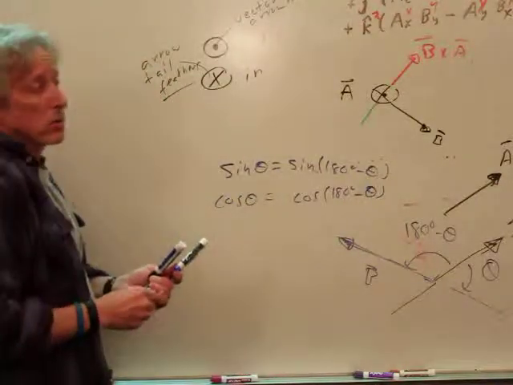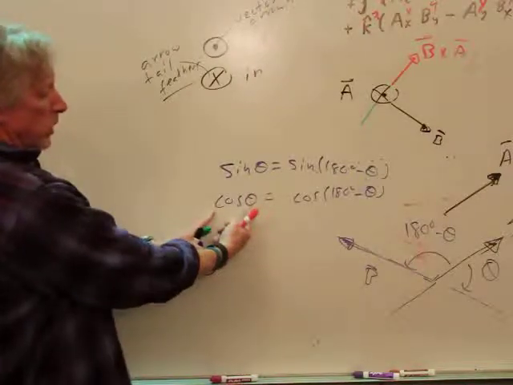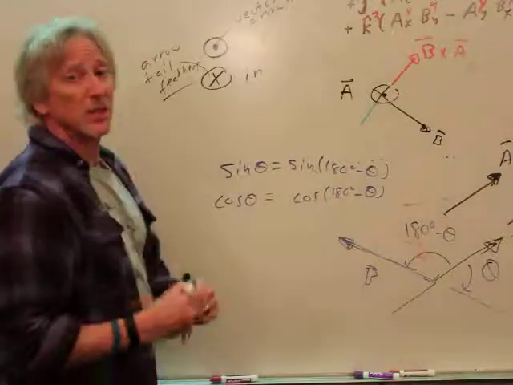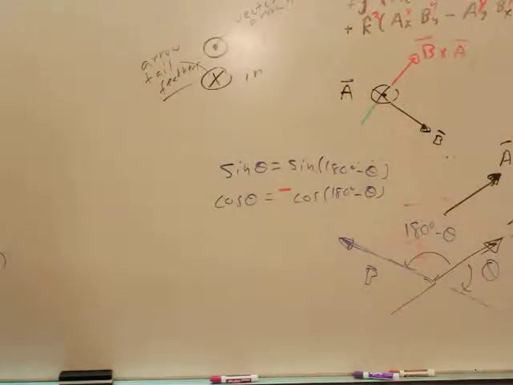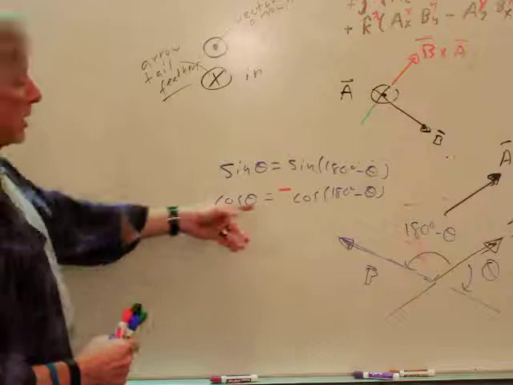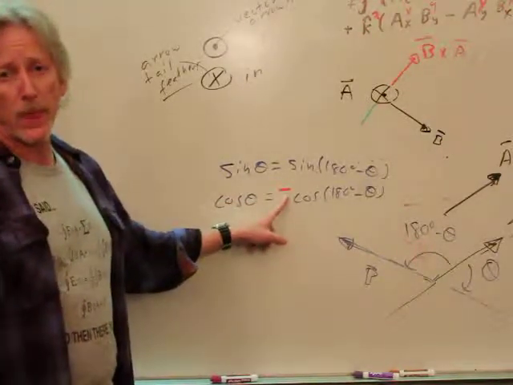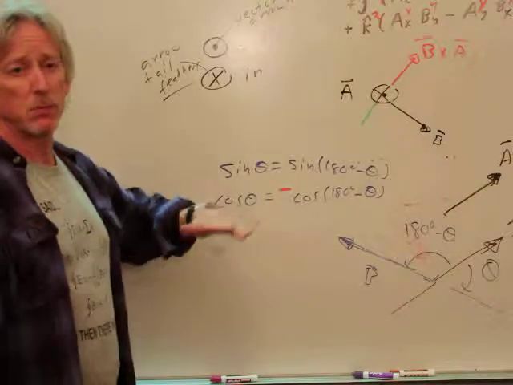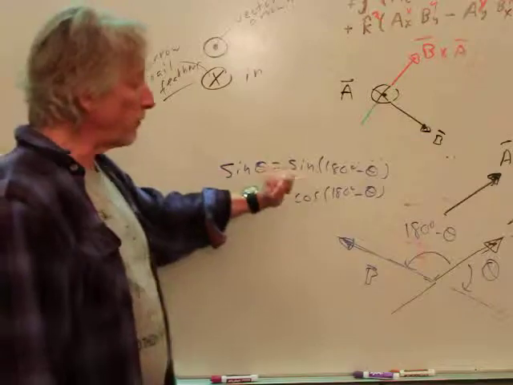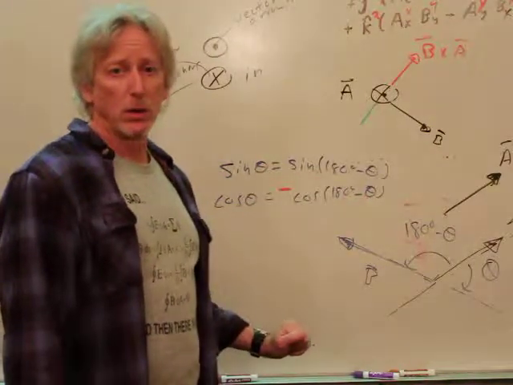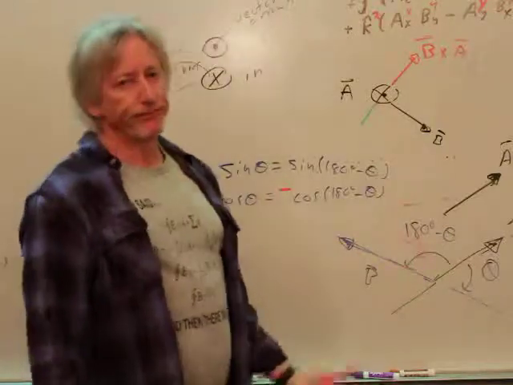Is that true? Try it out. Test it. Let's try about 0. Cosine of 0 is 1. Cosine of 180 is minus 1. And you can look on a unit circle and see that that's true. So this is not directional when I do the scalar product because I'm getting a scalar. And the plus minus of a scalar just means more or less than 0. Plus minus of a vector has to do with direction. When you're dealing with a sine, it doesn't matter which angle you use.